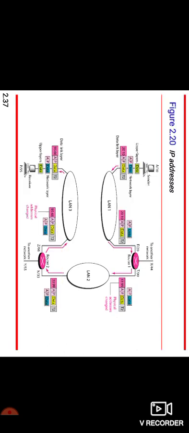So each node, each device, has a pair of addresses, a logical and a physical address. The logical address is given as an alphabet letter and the physical address is given as digits.